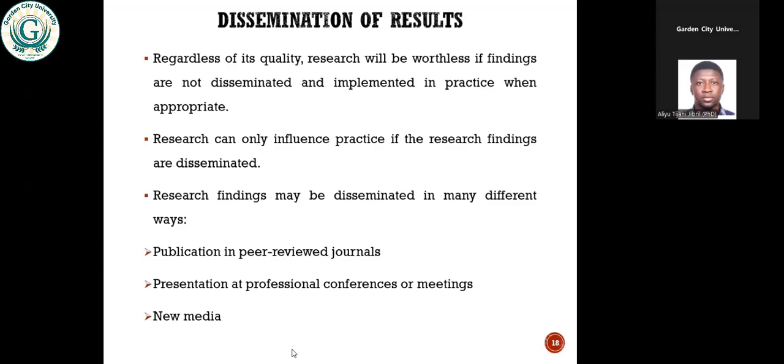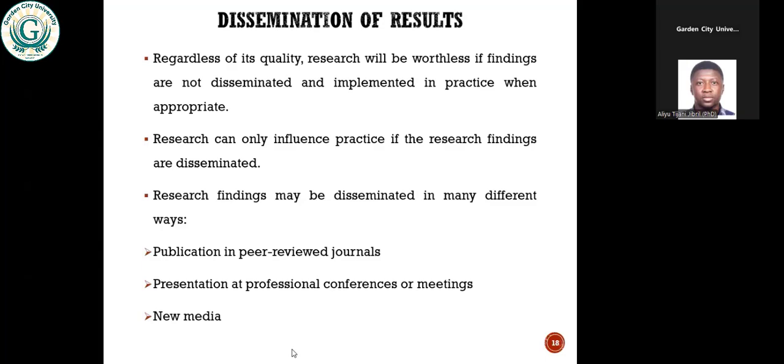Here, individuals who are experts in that particular area read your work, and where there are comments for improvement, they make those comments and help you craft a much better research work before you publish it.